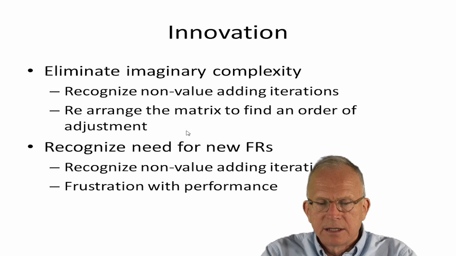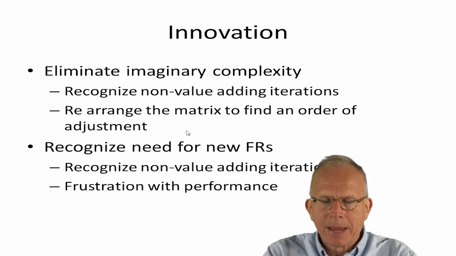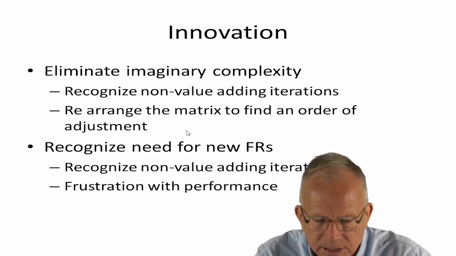And in fact, it's this that leads us to a lot of innovation, and I want to emphasize this in the innovation part. Eliminating imaginary complexity can be a very easy way to innovate in an existing design.